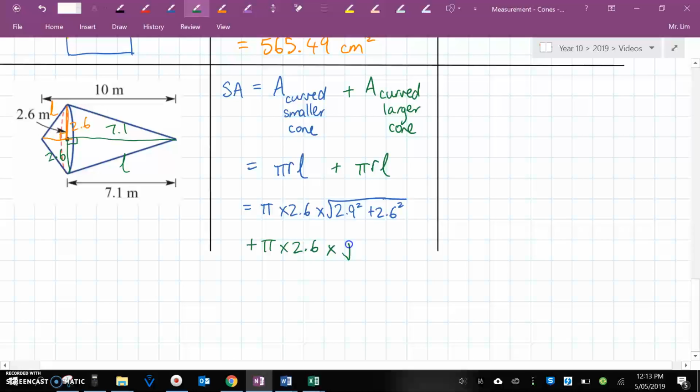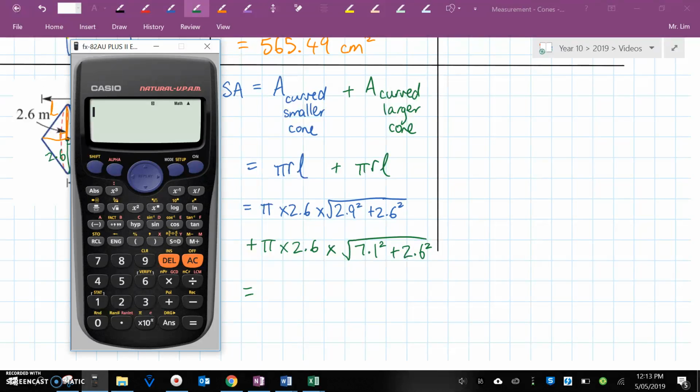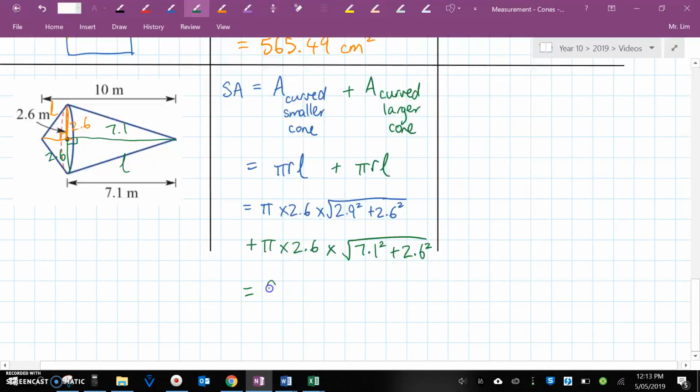Therefore, the slant height for this one is the square root of 7.1 squared plus 2.6 squared, which equals pi times 2.6 times the square root of 2.9 squared plus 2.6 squared plus pi times 2.6 times the square root of 7.1 squared plus 2.6 squared, which is equal to 93.57 meters squared.